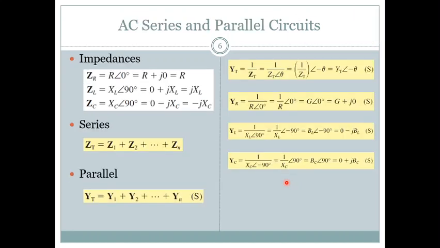So series and parallel case, this is how it is. This is just what I have discussed earlier, right? The impedance of an inductance is jXL, the impedance of a capacitor is minus jXC, and for resistance it's simply R. For series, you can simply add the impedances. Last week also we discussed this; I have added this as a completion. And for parallel, instead of adding impedances, we add the admittances.